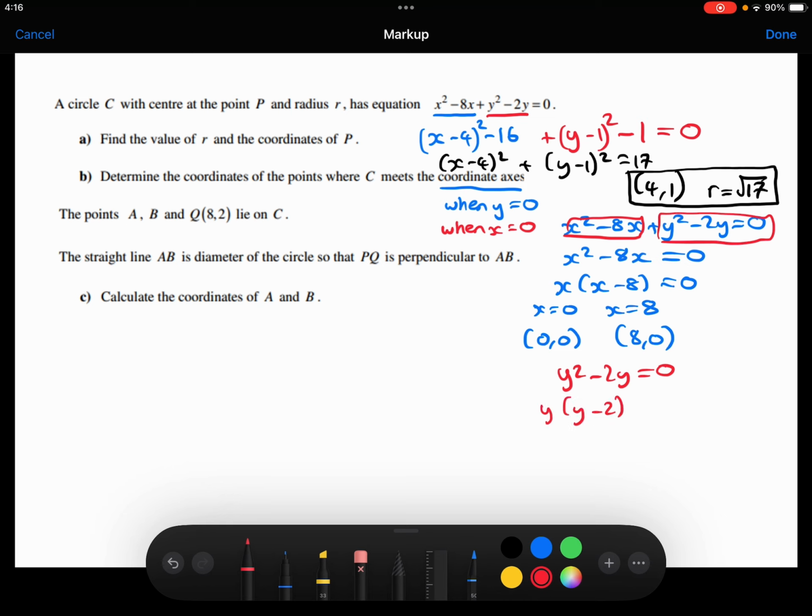Factorise. And I find that either y is 0 or y is 2. So we get the coordinates (0, 0) and (0, 2). So these are the coordinates where the circle meets the coordinate axes.